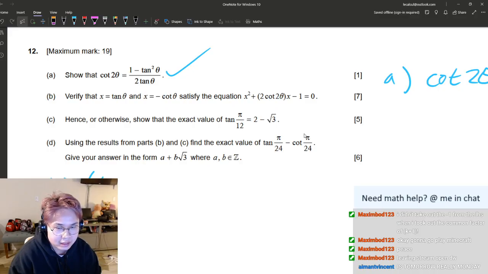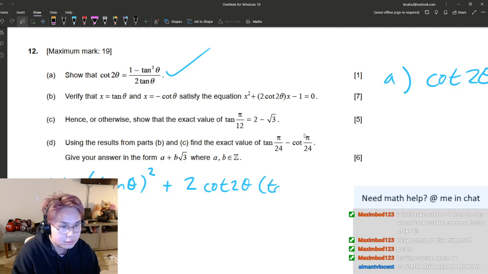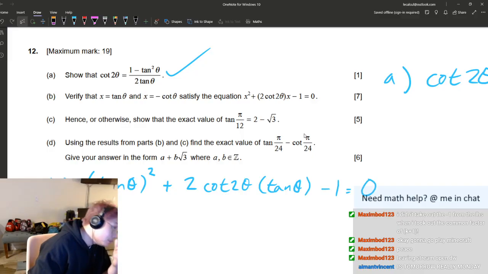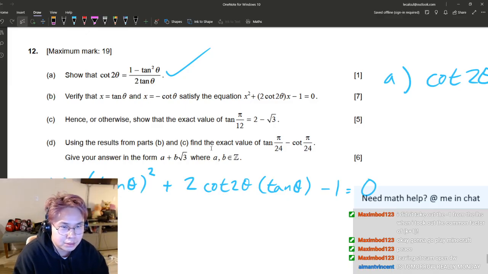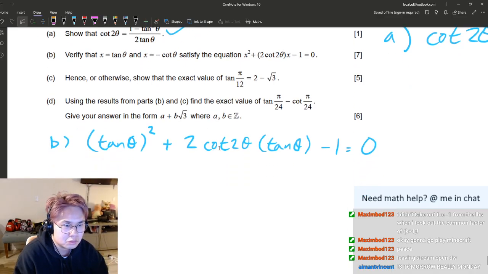So let's try tan first. And then I need to show this is going to be 0.